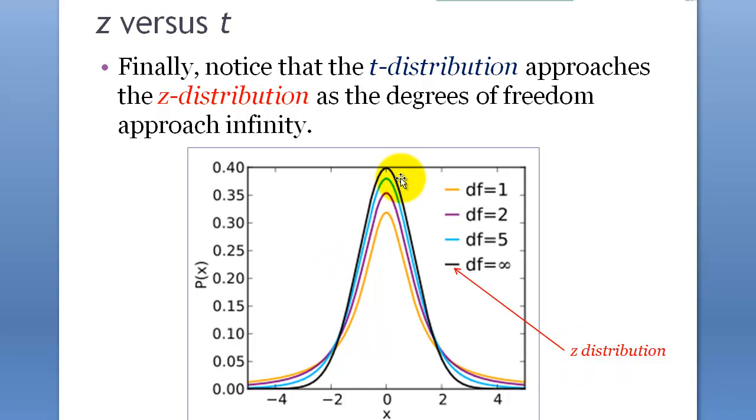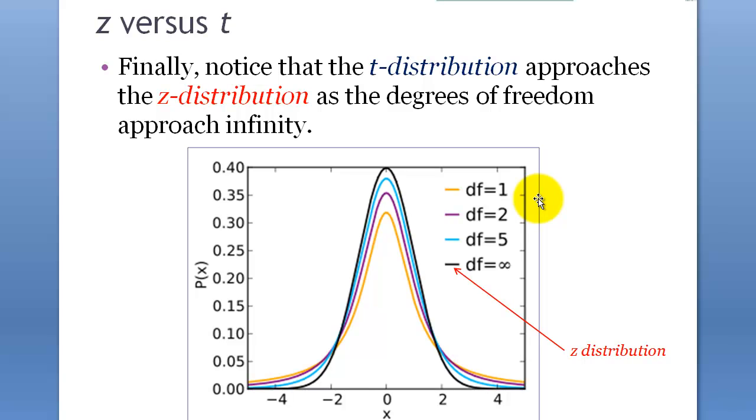If the degrees of freedom is infinity, by that what it means, n minus 1 is infinity, means n is infinity, which is actually talking about the population itself.